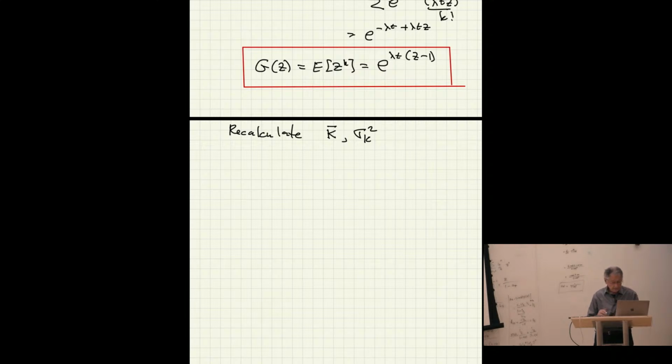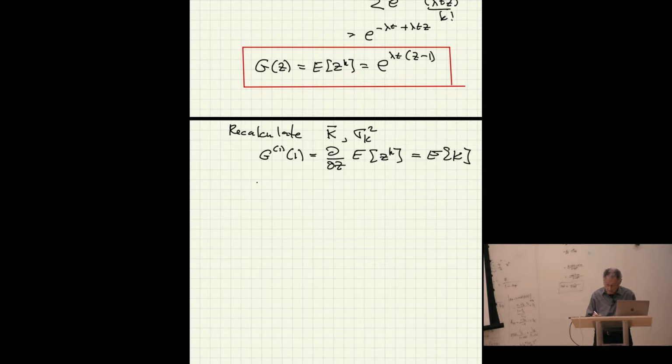Let's check. So g prime, the first derivative at z equals 1, we know is the partial with respect to z of the expected value of z to the k, which of course is the expected value of k. We know that from our moment generating properties.